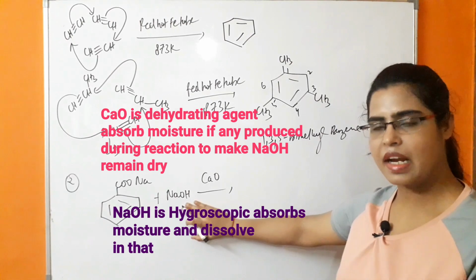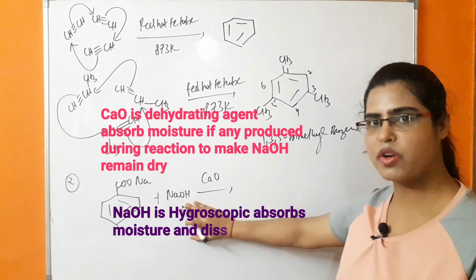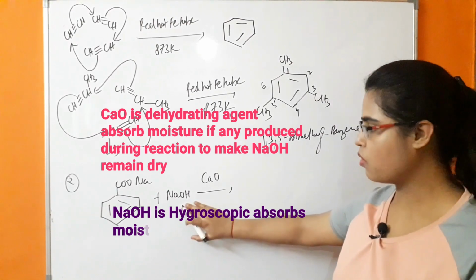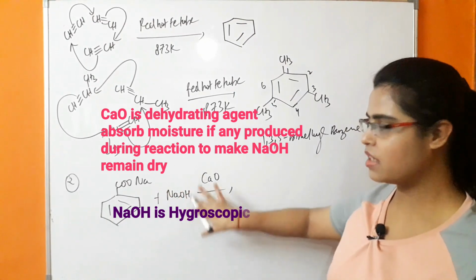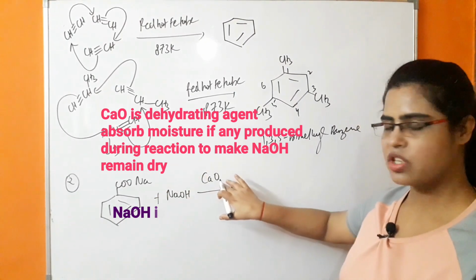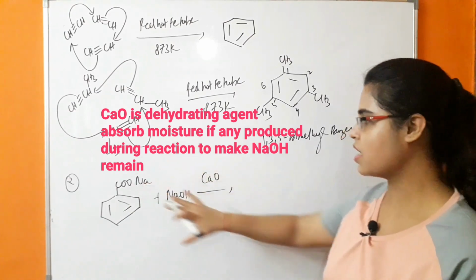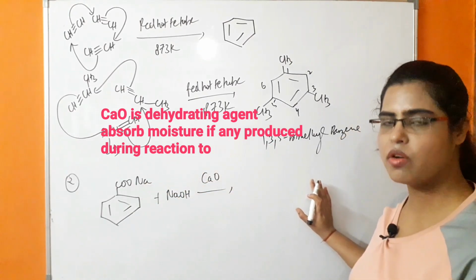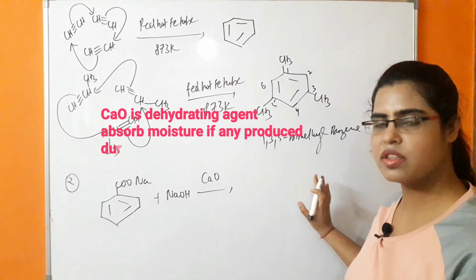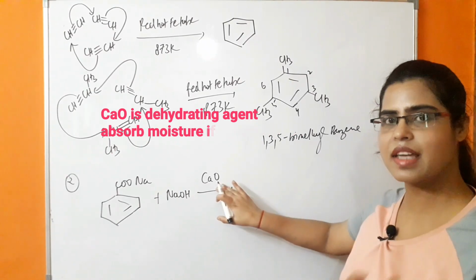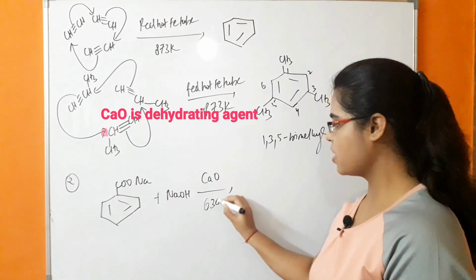Sodium hydroxide is highly hygroscopic, so in the presence of moisture, it will absorb water. To keep it dry, we use calcium oxide because it behaves as a dehydrating agent. If any water is present in this reaction or produced during this reaction, that water will be absorbed by this calcium oxide. Temperature is 630 Kelvin.